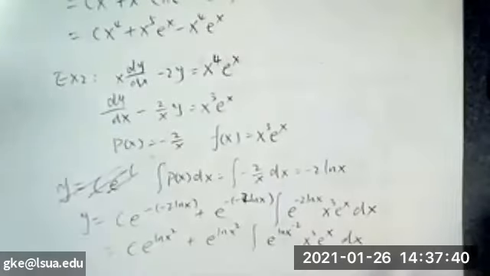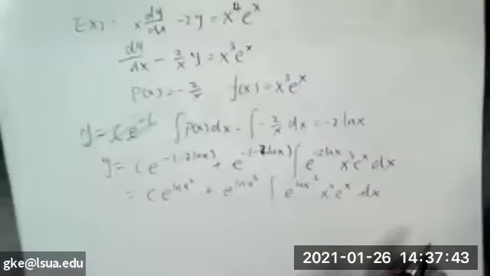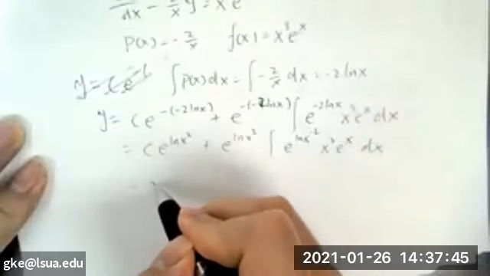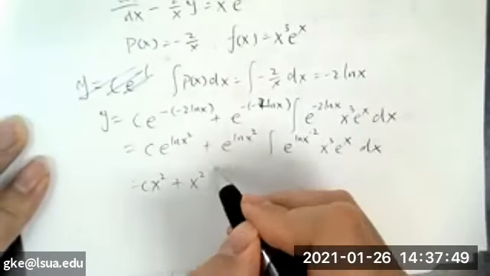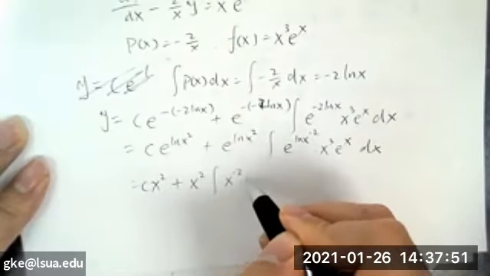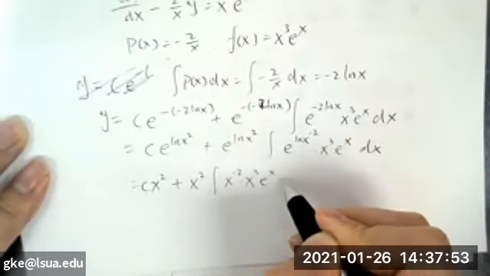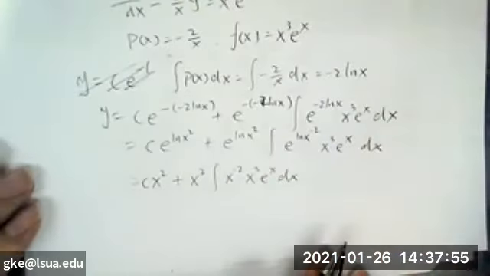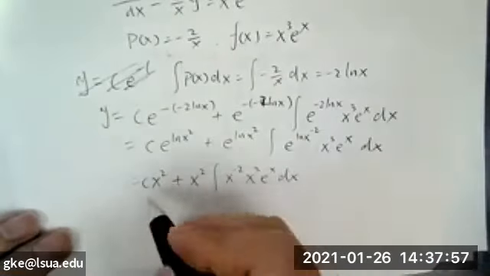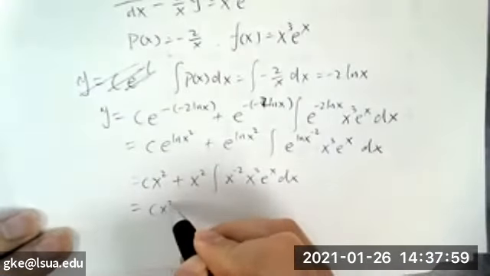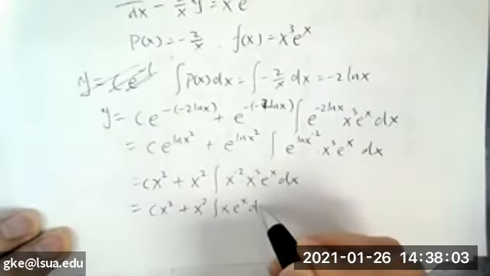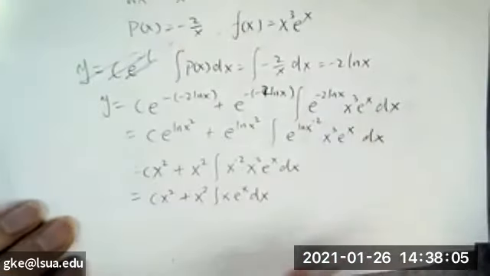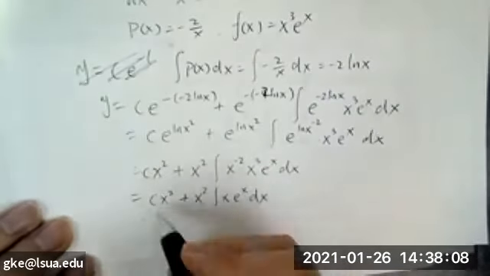So we have what? We have x squared, c x squared, right? And then we're gonna get what? Right. Then we do the integration by parts.